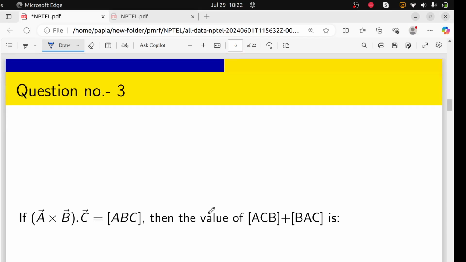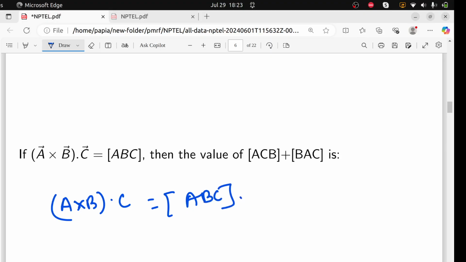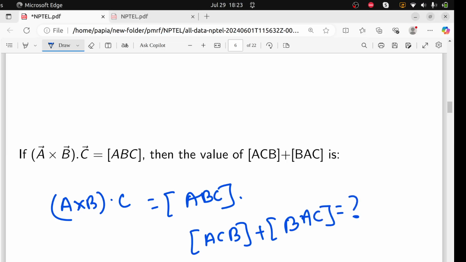So now coming to the next question. That is again related to fully vector algebraic calculation. If A cross B dot C equals ABC, then ACB plus BAC is how much?